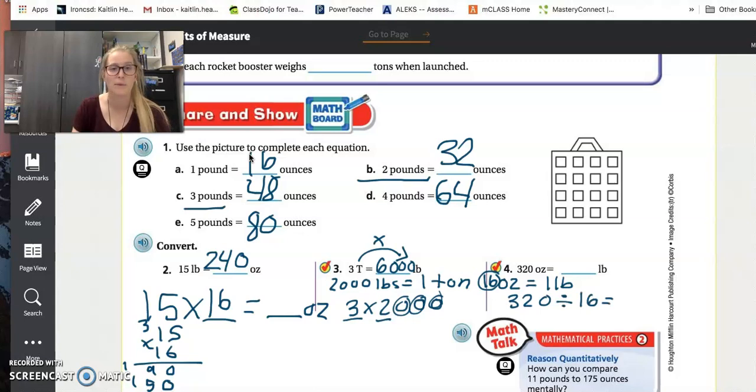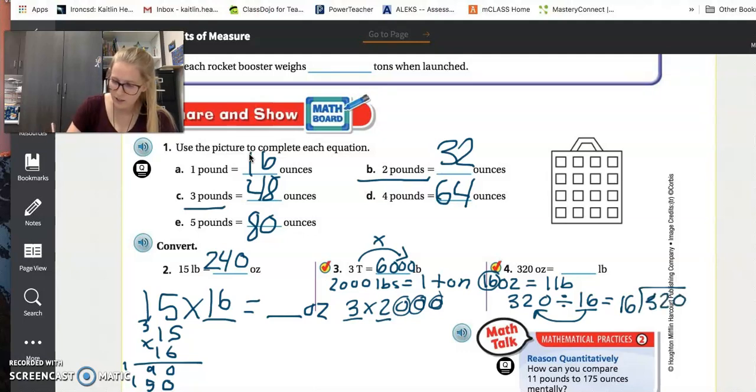And that'll tell me how many pounds, because it's telling me there are 16 ounces in every single one of those pounds. If I were to break those up into groups of pounds and put 16 ounces in each, how many pounds does that leave me with? I'm going to go ahead and do it off on the side. We'll go 16 ounces into 320 ounces.